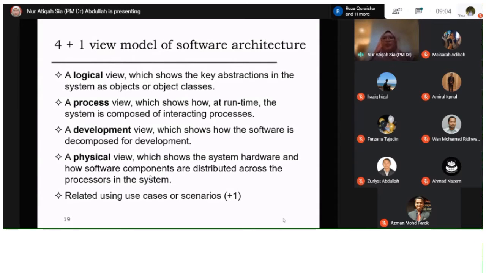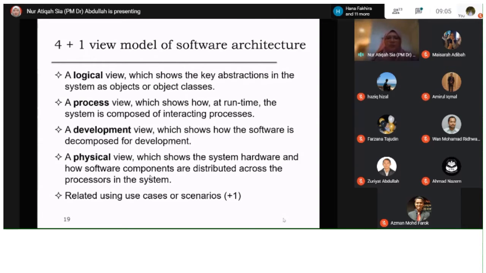Bila kepada process view, dia more kepada interactions in between the processes. Okay, maybe we have sequence diagram, we can have state diagram and so on. In terms of development view tu adalah how you're going to have a decomposition of modules. Maksud dia maybe you ada class diagram in order to represent it, atau melibatkan database you ada ERD, entity relationship diagram, in order to represent the development view and so on.